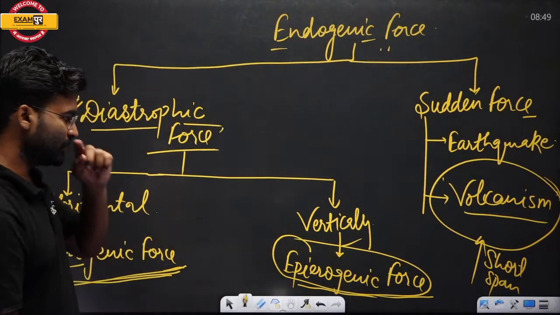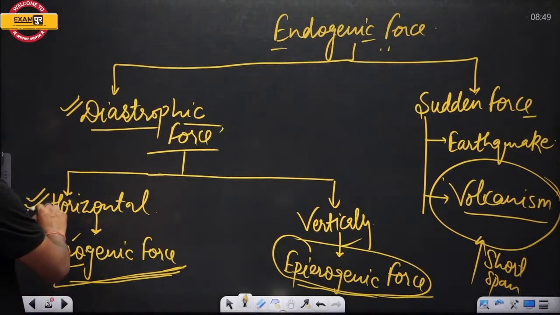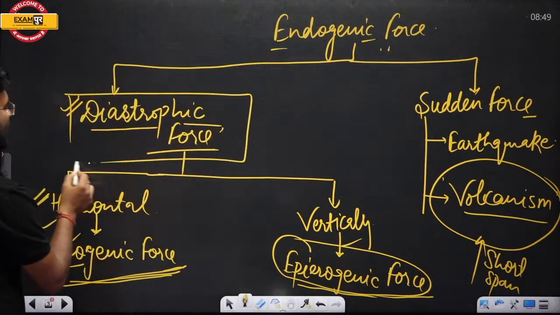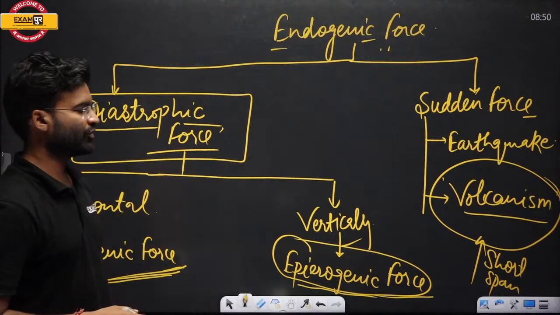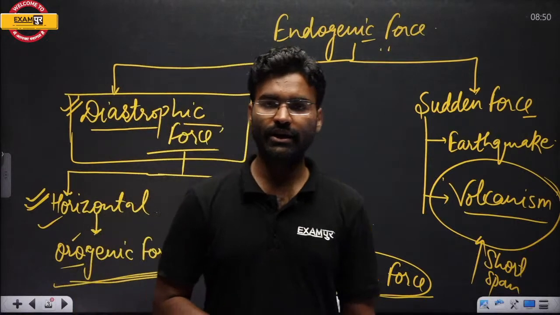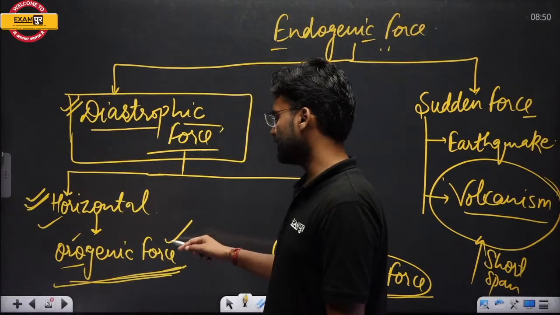Okay, so this is the important thing: diastrophic movement. Tomorrow we will discuss the diastrophic forces: what they are, and how they are responsible for the formation of any continent, the submergence of any continent, and the orogenic processes.